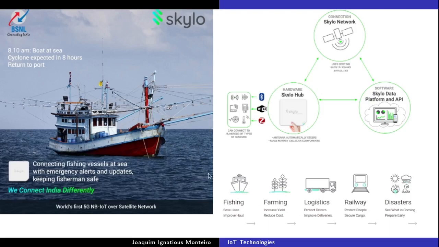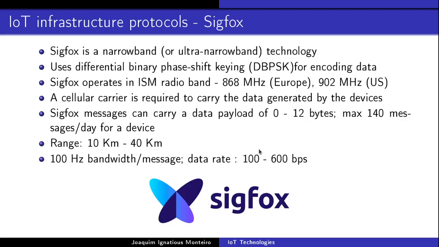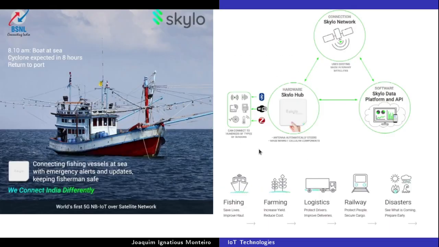Again, this is the narrowband Internet of Things. Okay, so this is narrowband Internet of Things over satellite. This is jointly with BSNL and a company called Skylo, an Indian company. They have a service which uses the satellite network of BSNL, and a device called Skylo, a small hub like a set-top box.